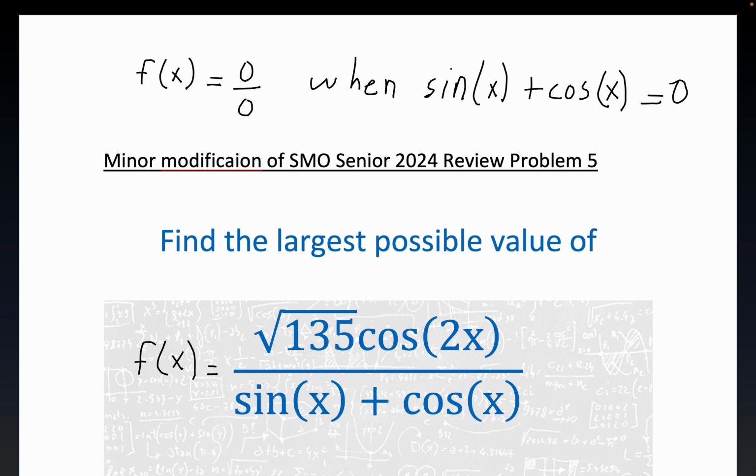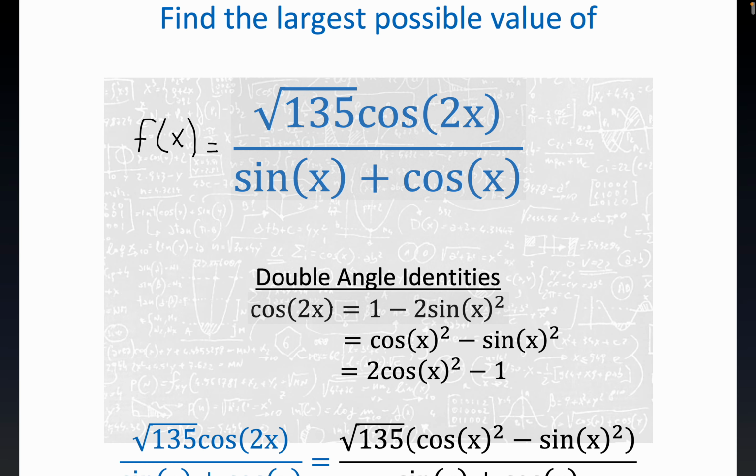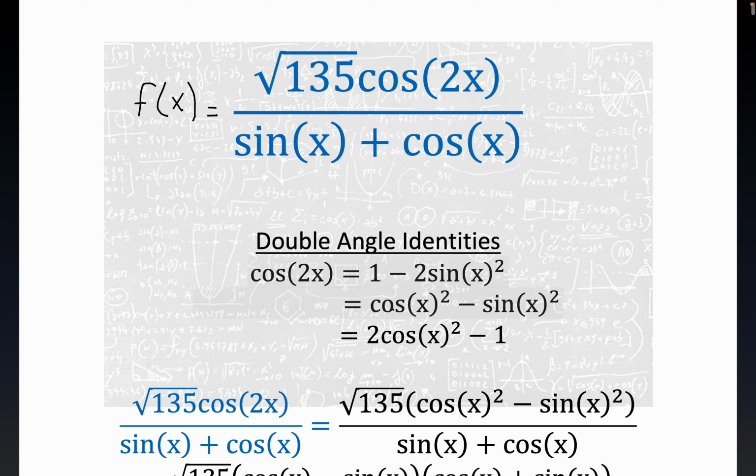So this is actually equal to 0 over 0. This expression we're looking at is equal to 0 over 0 when sin x plus cosine x is equal to 0. Now, it's not clear at this point, but notice if we use the right double angle identity for cosine 2x, there's 3 of them. This one in the middle turns out to be favorable because of factoring, okay?